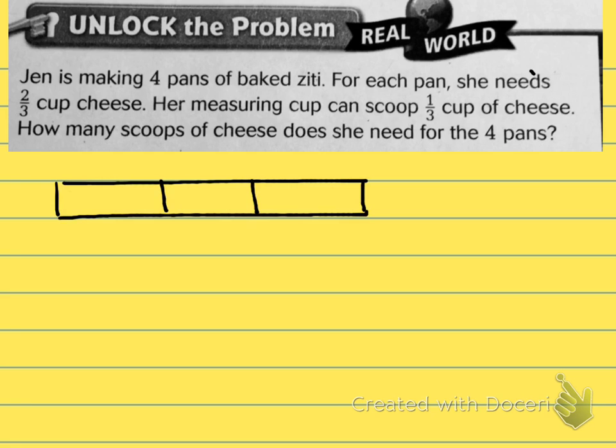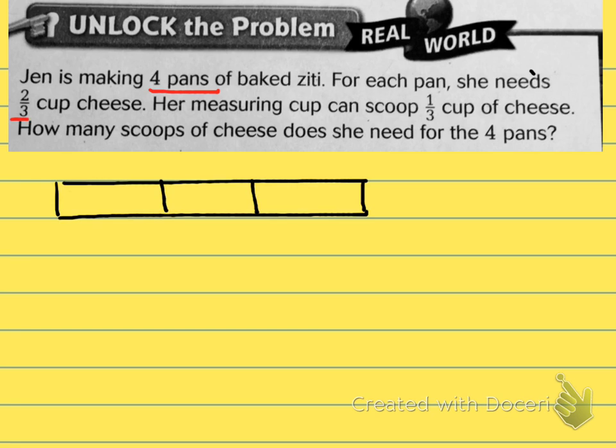So I'm going to go back in my problem and I'm going to underline some information. I know that Jen is making 4 pans of ziti. For each pan, she needs 2/3 cup cheese.